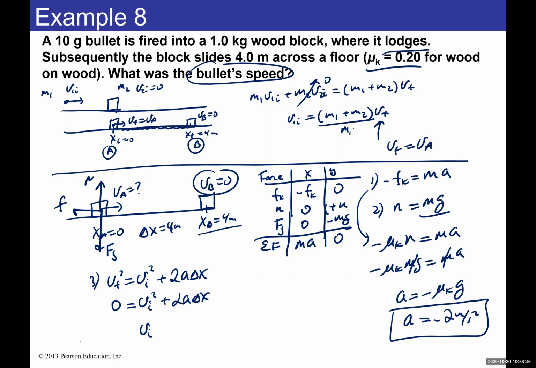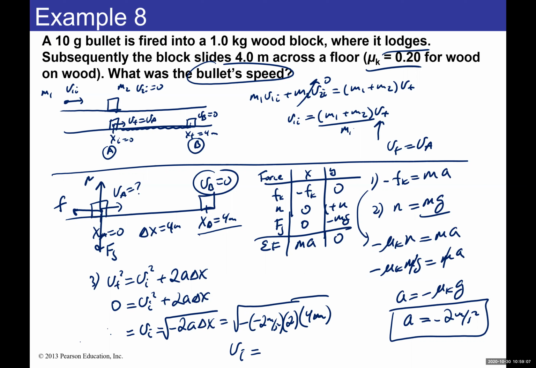Then solve for V initial, which is the square root of negative 2a delta x. So it becomes negative 2 times negative 2 meters per second squared times delta x, which is 4 meters. This V initial is V at point A, so this will be 4 meters per second.